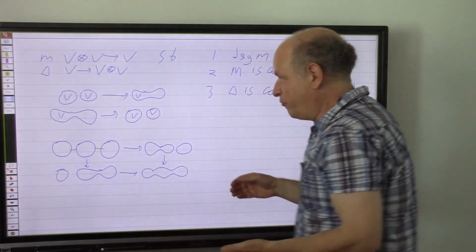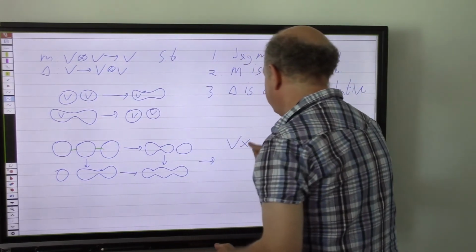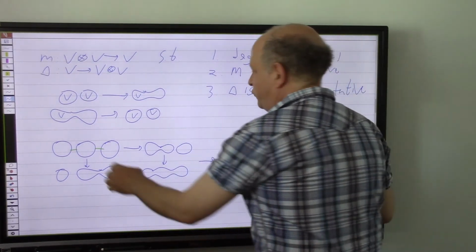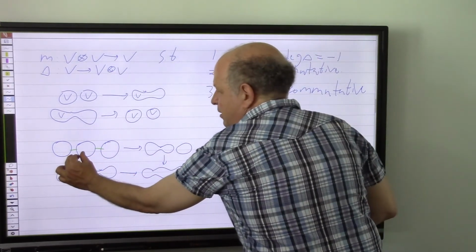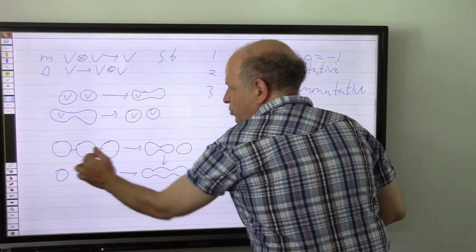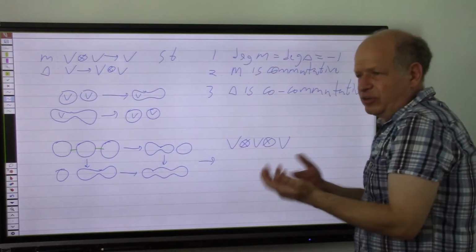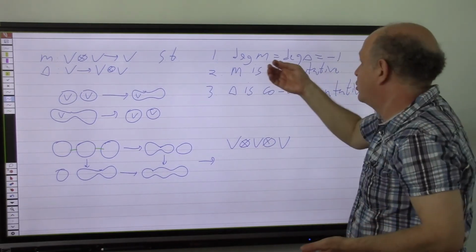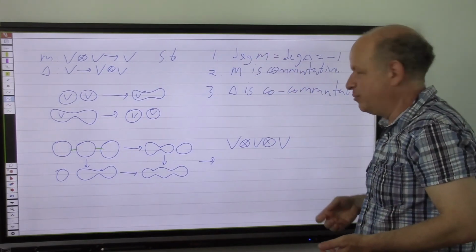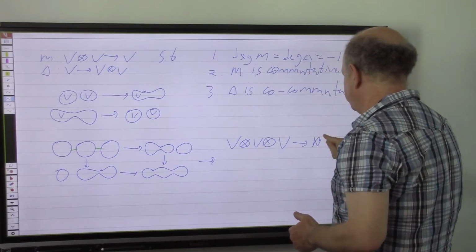This diagram of maps corresponds to, the upper left is V tensor V tensor V. Now I apply M to the first two factors. There is no canonical order between them, but who cares, because M is already commutative. I already demanded that M be commutative.